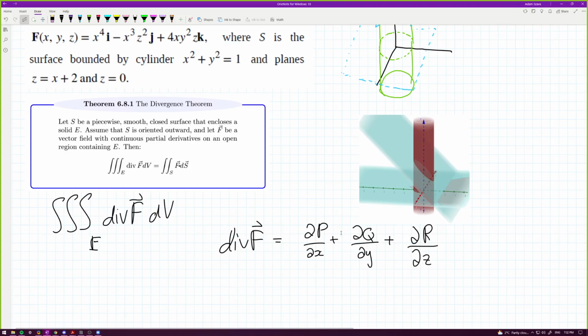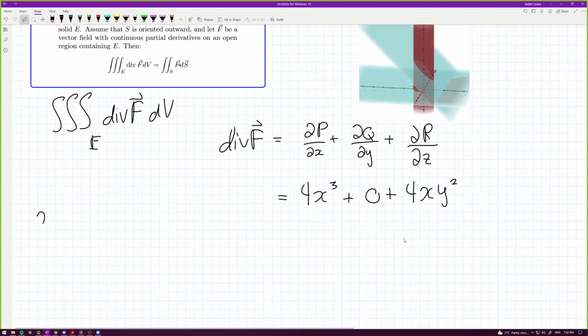Yeah, okay. So the partial derivative of P with respect to x is going to be 4x cubed. The partial derivative of Q with respect to y is going to be 0. The partial derivative of R with respect to z is going to be 4xy squared.